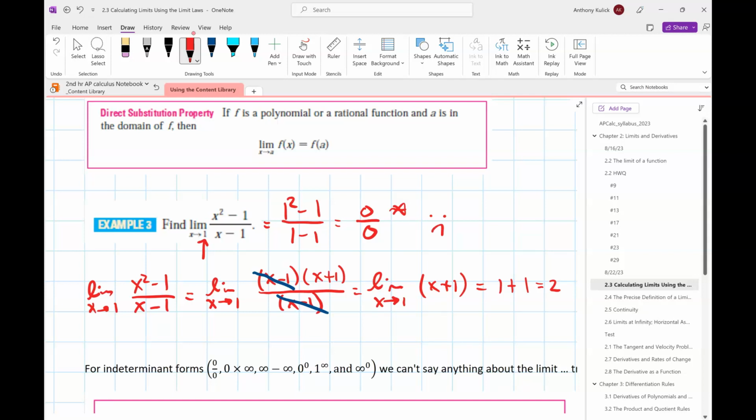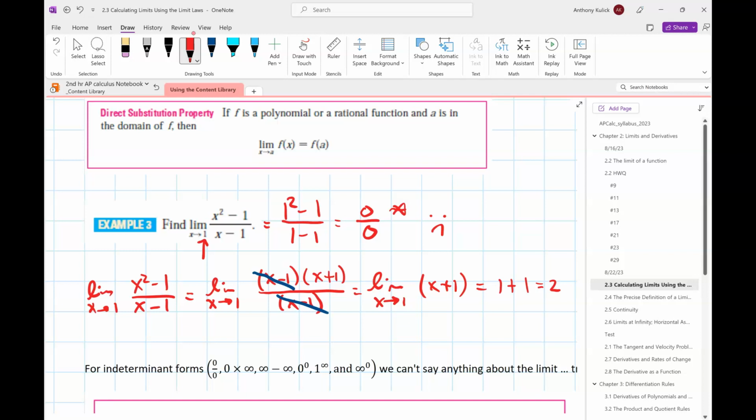So again, if you run into 0 over 0, that doesn't mean stop. That doesn't mean you're done. It means we have to try something else. And we'll look at some more of these algebraic tricks. Factoring and reducing is just one of them. There's a bunch. How do you get the 1 plus 1 then? I did direct substitution. I plugged the 1 in for x.